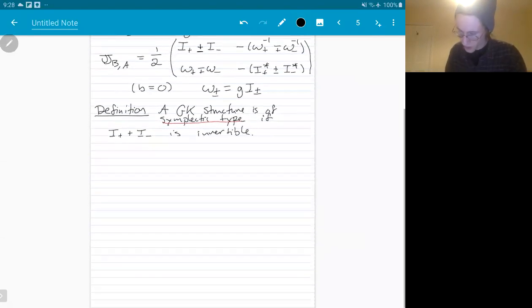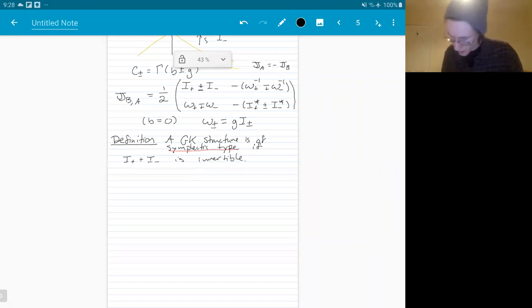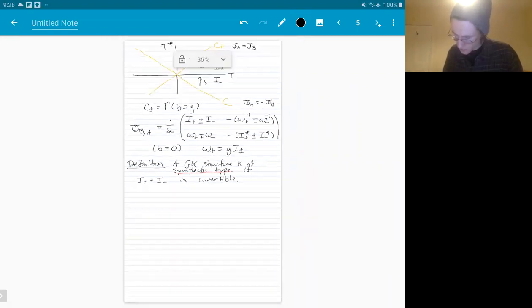Okay, so that's the definition. The reason I recalled this formula is because I want to explain what this condition means.